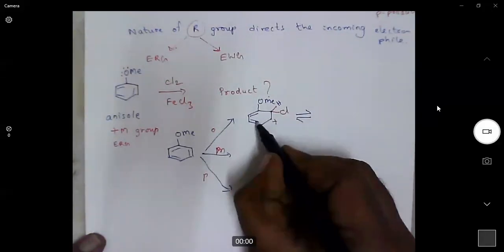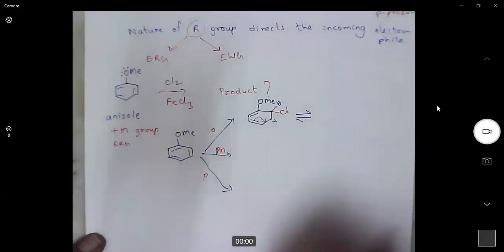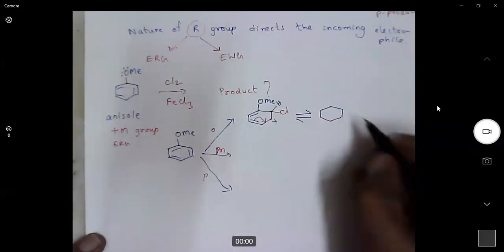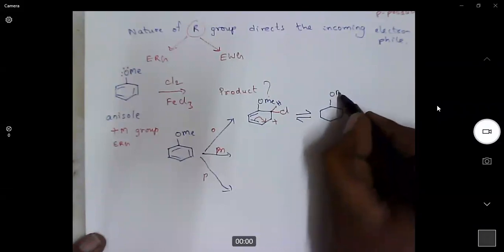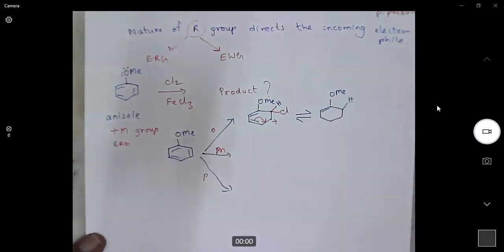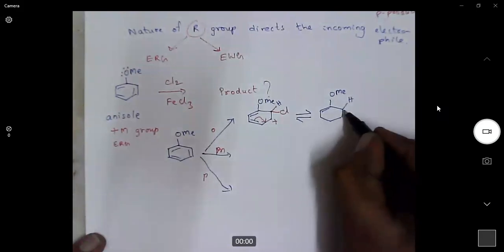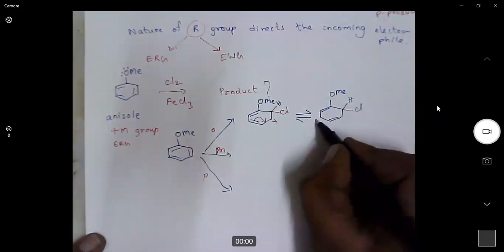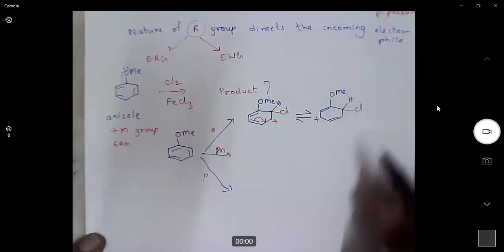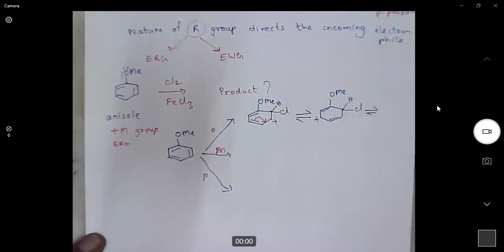And when we polarize this double bond towards the positive charge, we will get another resonance contributor. This is the undisturbed double bond, and this is the newly generated double bond, and the positive charge has migrated here. Now again, there is a possibility of one more resonance contributor.